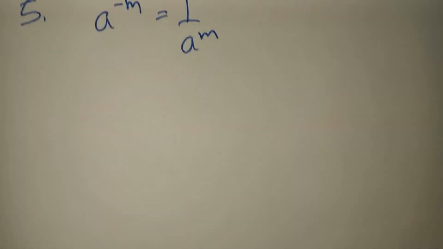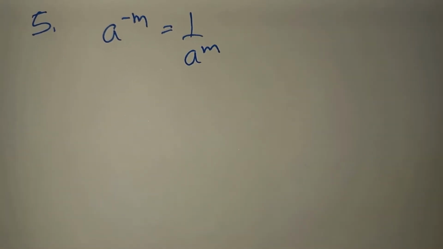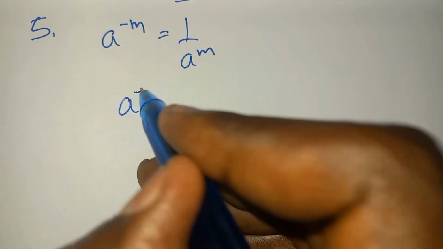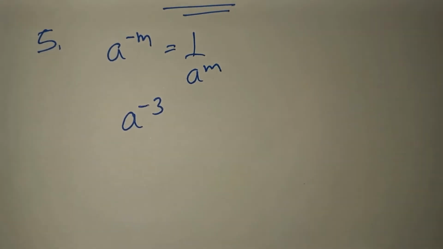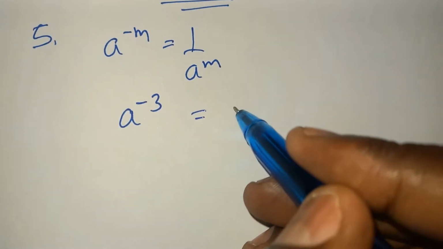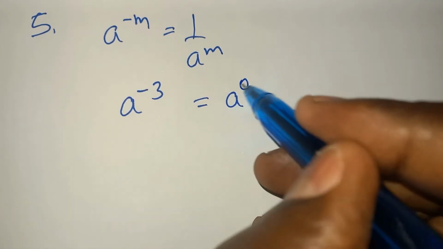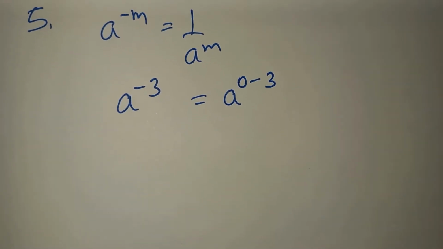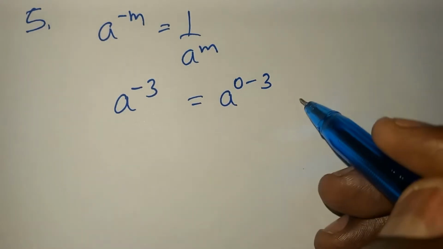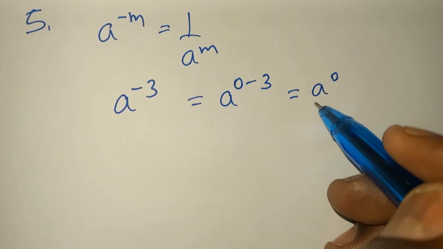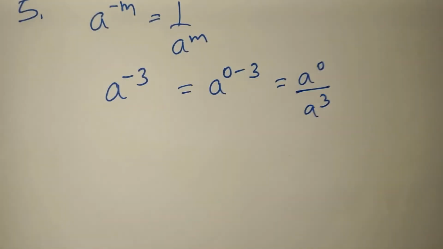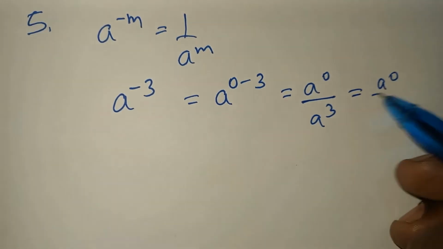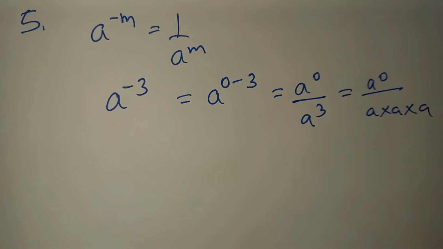Now, how do you demonstrate the negative index rule? Suppose we have a raised to power minus 3. We know we can write a raised to power minus 3 as a raised to power 0 minus 3. And from the division rule of indices, this is the same as a raised to power 0 divided by a raised to power 3, which is the same as a raised to power 0 divided by a times a times a.